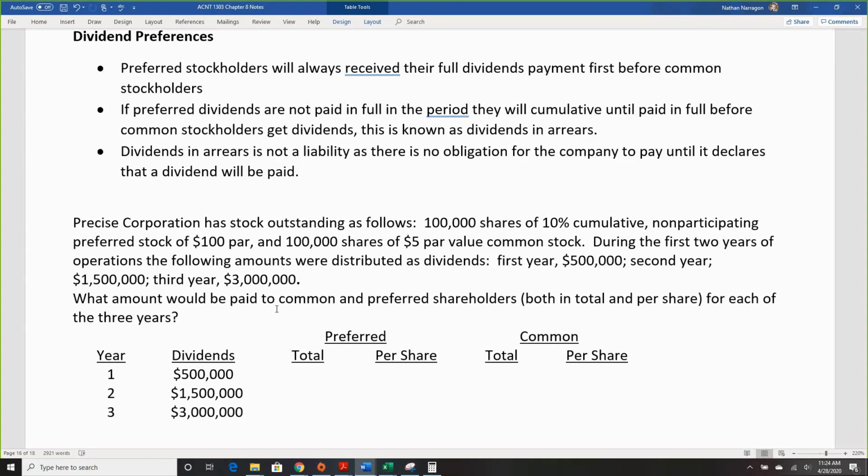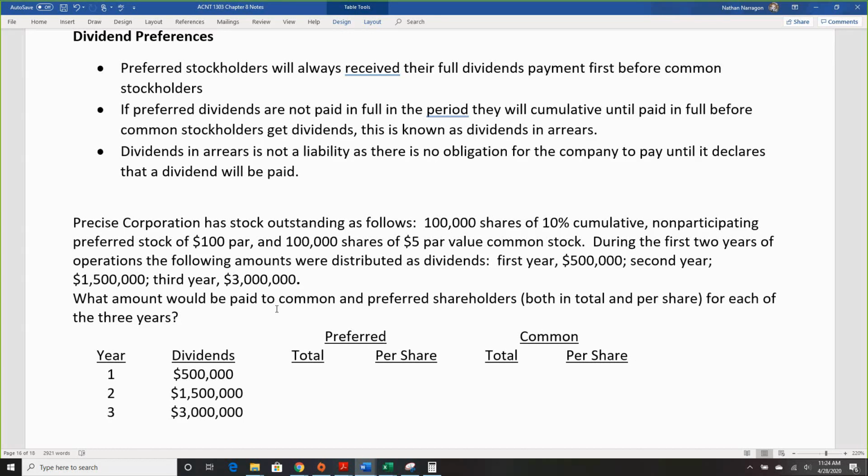There are the common stockholders and the preferred stockholders. And for some reason the book probably mentions preferred stockholders and the dividends. Go figure. Basically, one of the advantages of being a preferred stockholder is you always get your dividends first. That's the nice part.